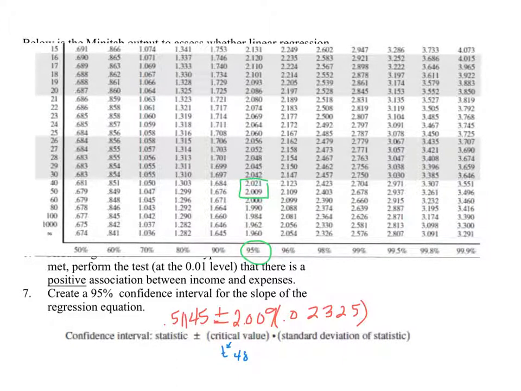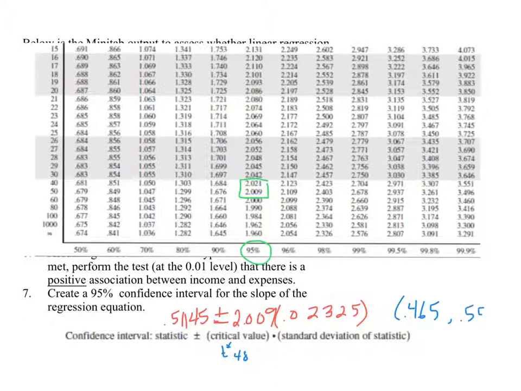And then if you actually did calculate this, you get a lower bound of 0.46, I'm going to round, 0.465, and an upper bound of 0.558.